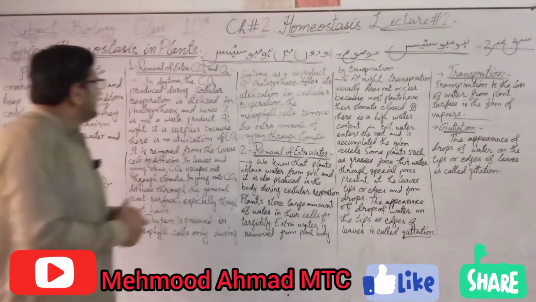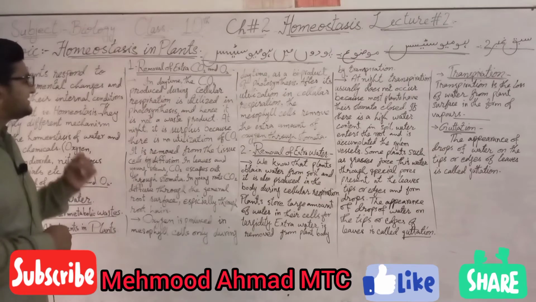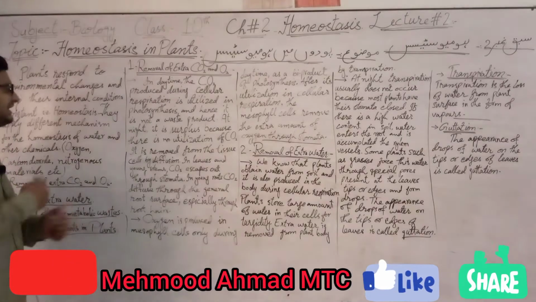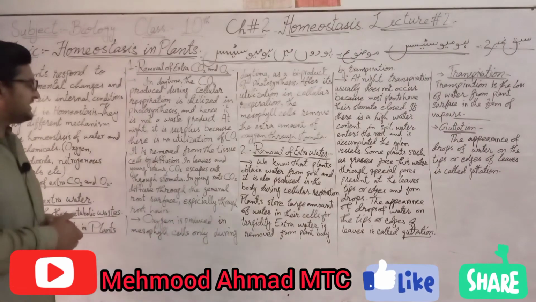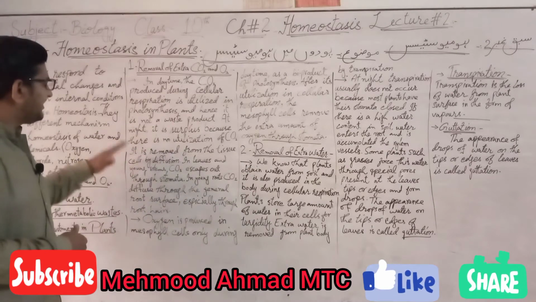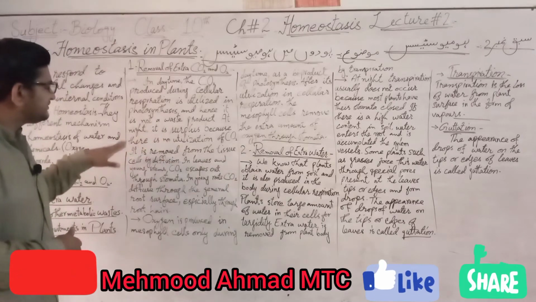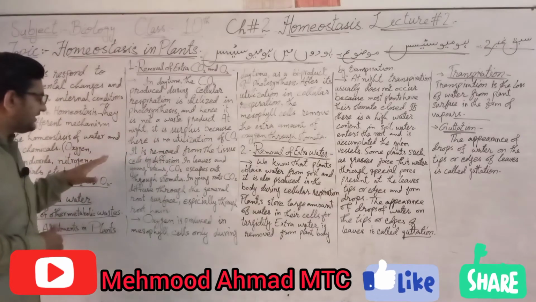So in daytime, the carbon dioxide produced during cellular respiration is utilized in photosynthesis, and hence it is not a waste product. At night it is surplus because there is no utilization of carbon dioxide.